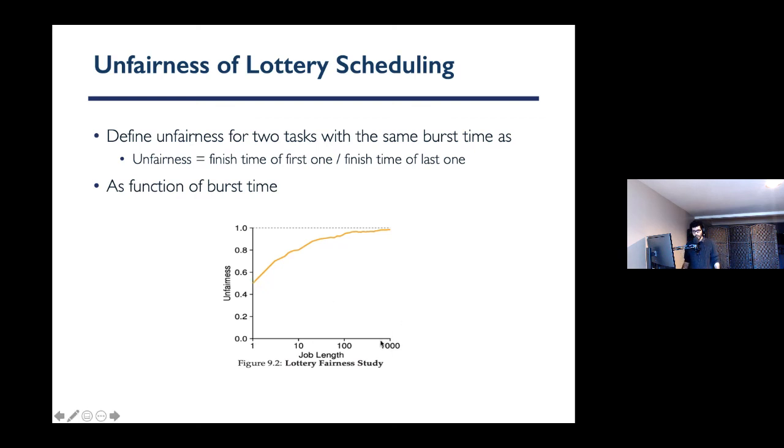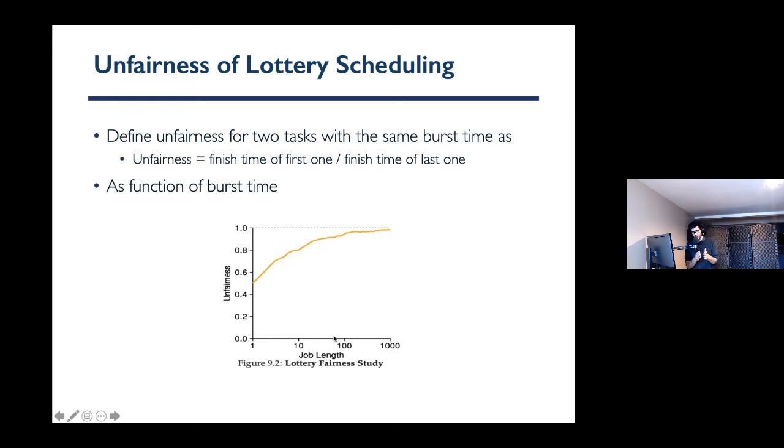Now let's start increasing the CPU burst time. Get it to 1000. Now every 1 second we're going to do the lottery. And if both of them are long enough, then they probably will finish together, right? So this unfairness metric gets closer to 1. As you can see, it's a number between half and 1. So it actually depends on the length of the CPU burst of these two tasks.